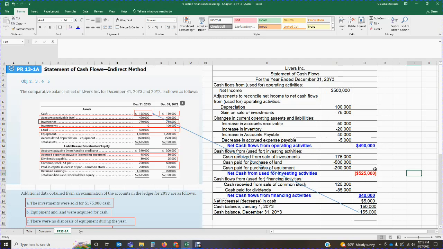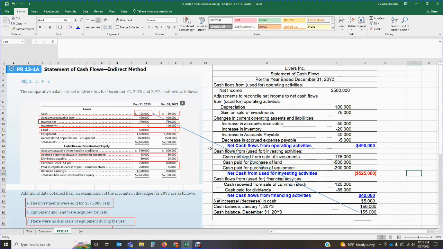We invested 525,000. This is what happened. And then we had some financing activities of $40,000 because we issued some stock and paid out some dividends, causing our increase of $5,000 in cash. We started off with 150, therefore we ended up with 155.